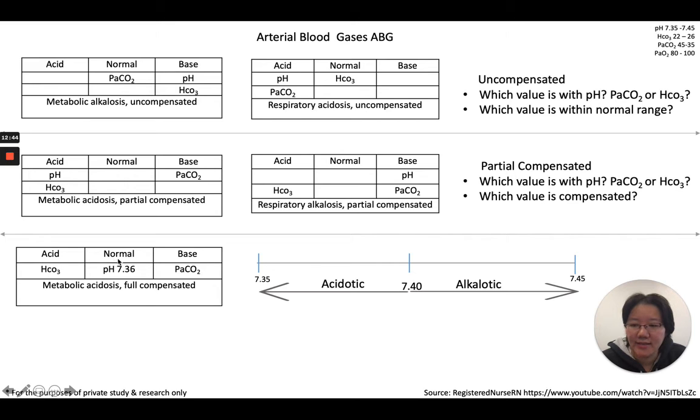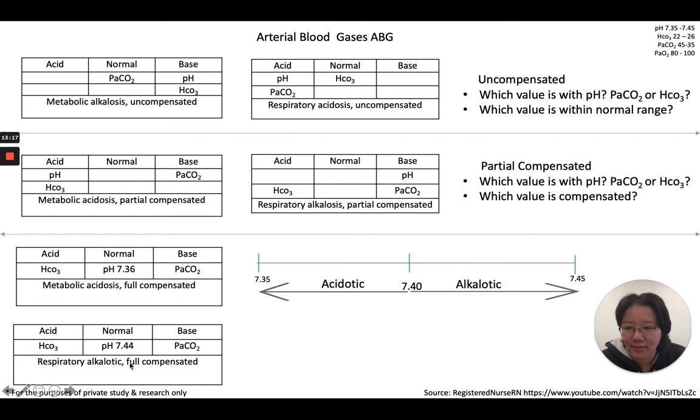You've got the acid, normal, base, all filled out by the numbers here. So firstly, look at pH 7.36. That's on the acidotic side, so that's going to be acidosis. And acidotic is HCO3, so that's metabolic acidosis. Full compensation, the base is on this side, so it balances out.